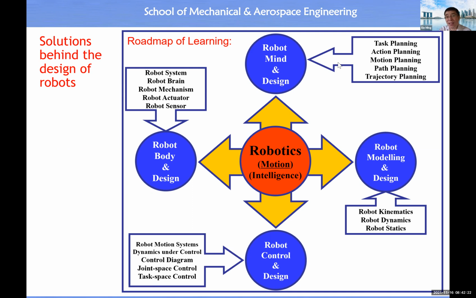Then we need to know task planning, action planning, motion planning, path planning, trajectory planning, etc. Then for the study of the robot body, we need to know robot system, robot brain, robot mechanism, robot actuator, robot sensor, etc. So within this course, you are going to study all these topics which are categorized into these 4 modules.